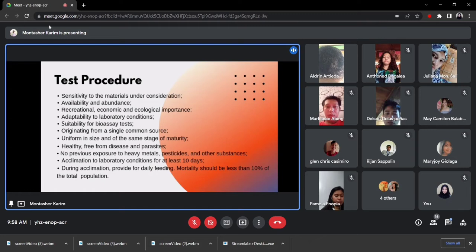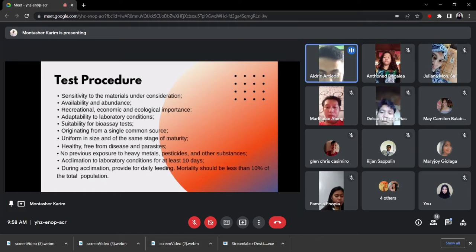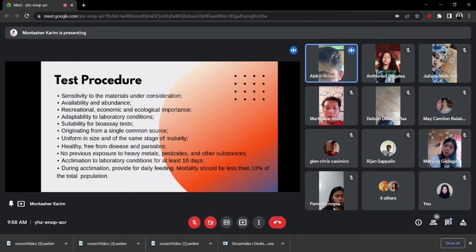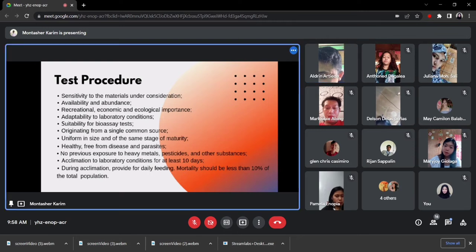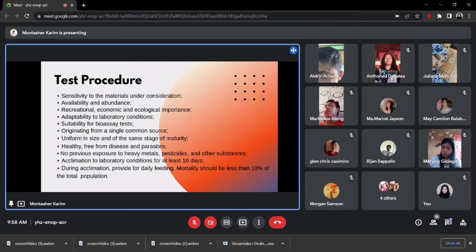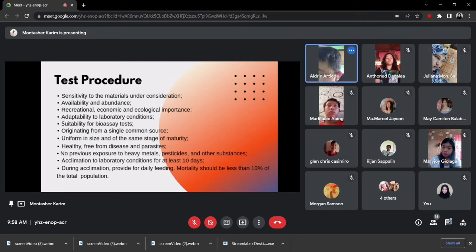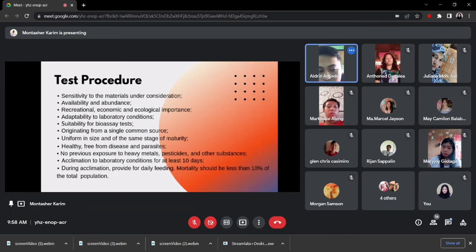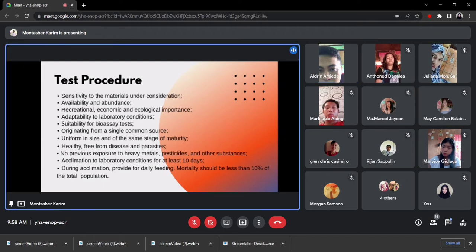While in intermediate, it is used when the concentration requires additional time. And then the long term, it determines the toxicant concentration or safe concentration.